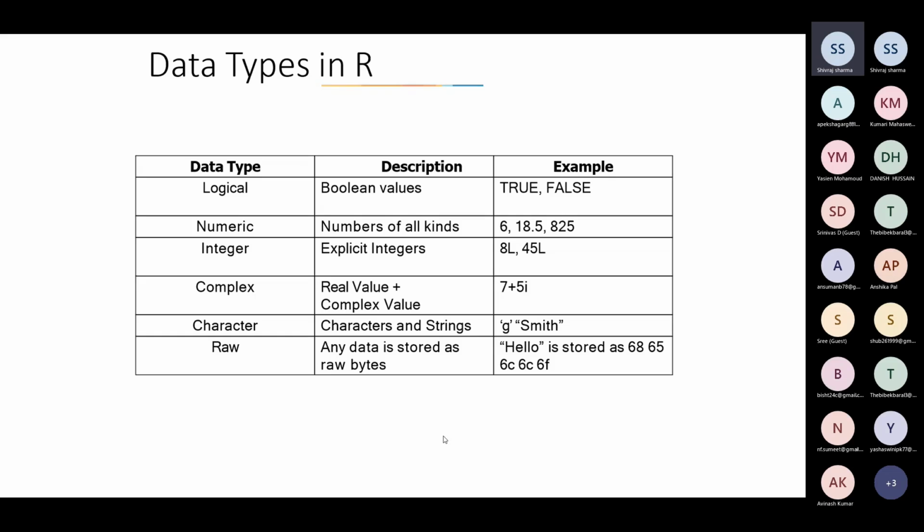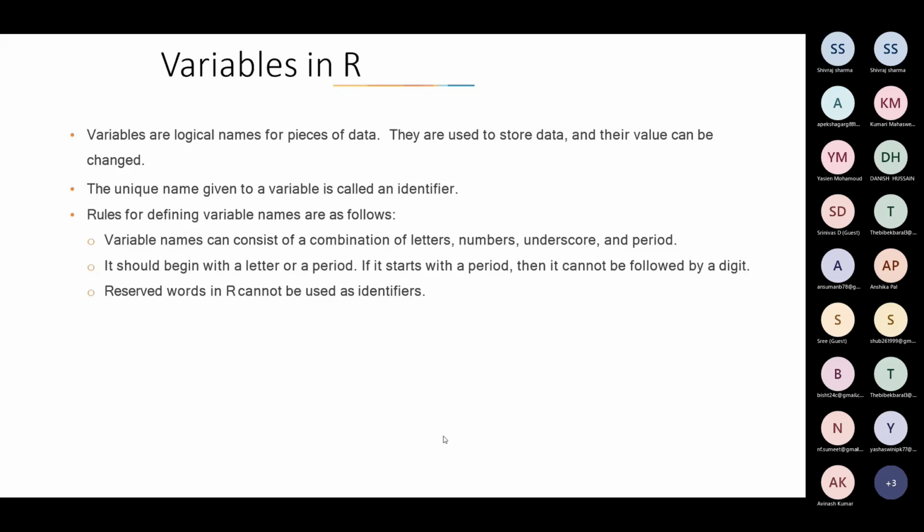Okay, it means a combination of character, complex, integer, like that. So these are the data types in R. And what is variable?